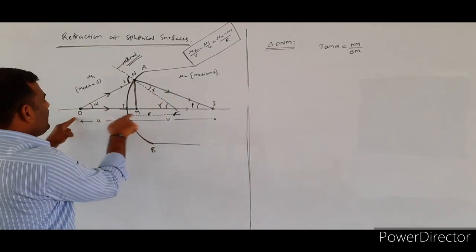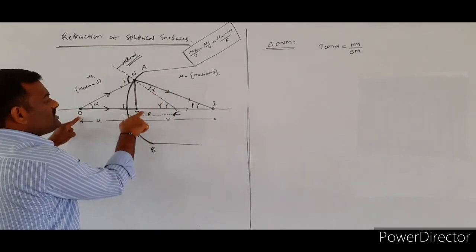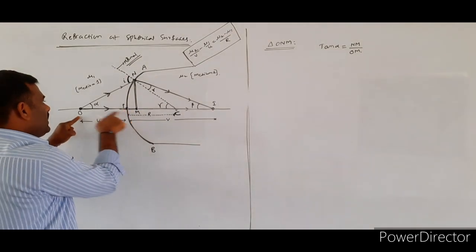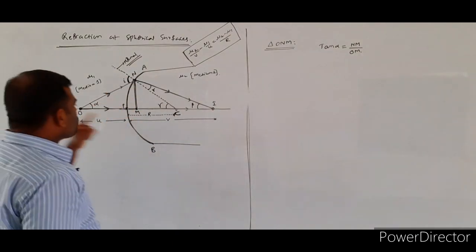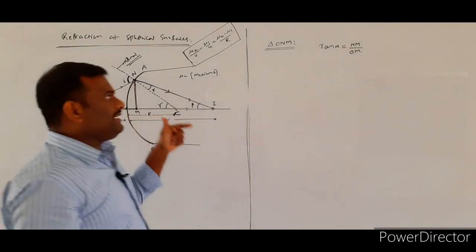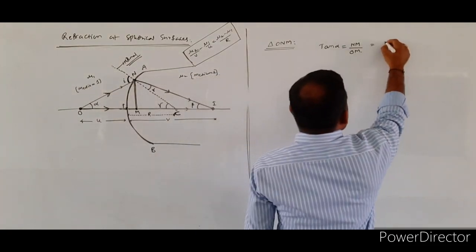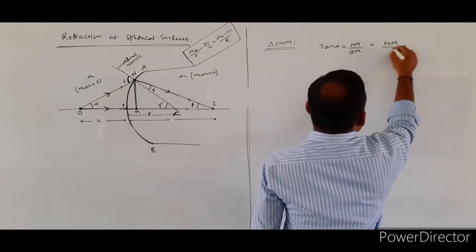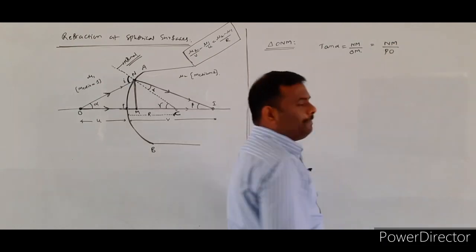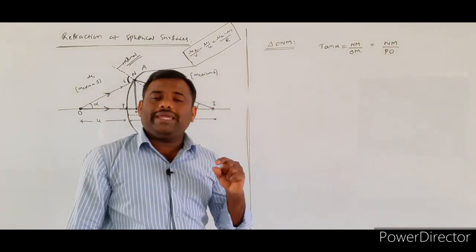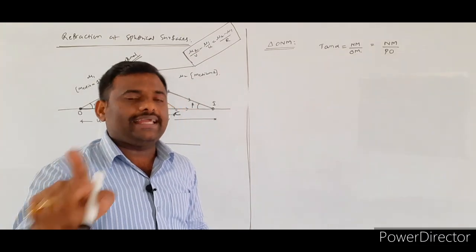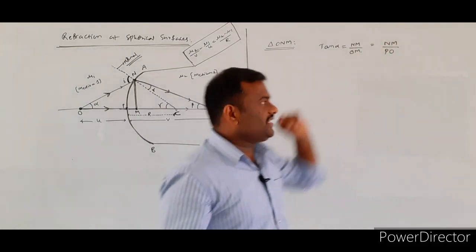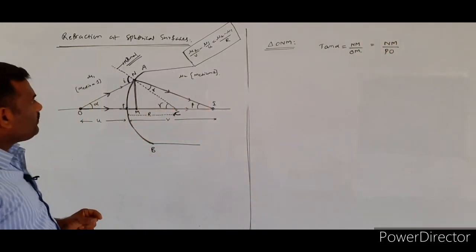So this O to M value is equal to PO. Since the size of the aperture is very small, tan alpha is equal to NM by PO. Why did we write PO? The distance is measured from the pole of the spherical surface.